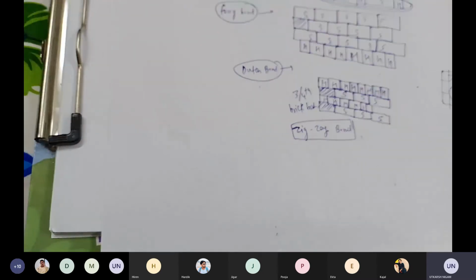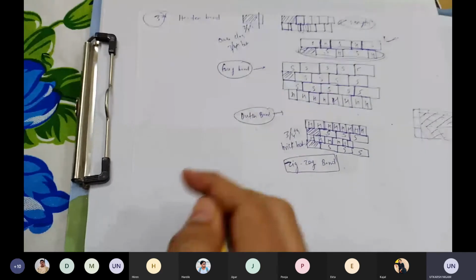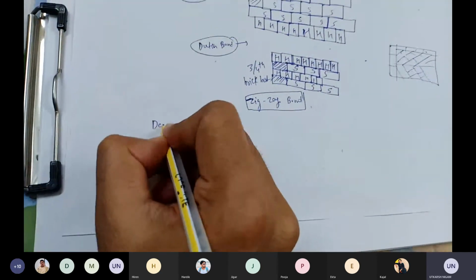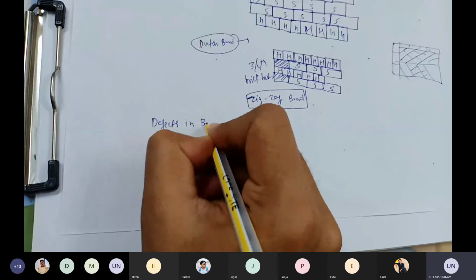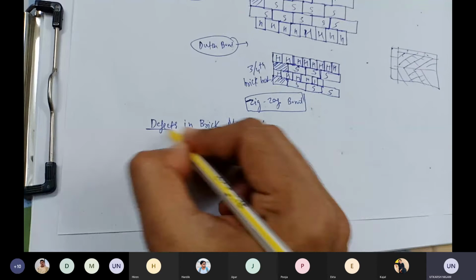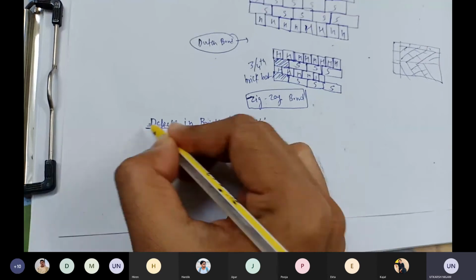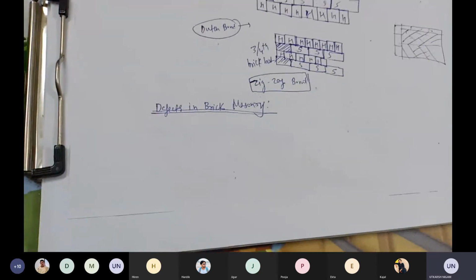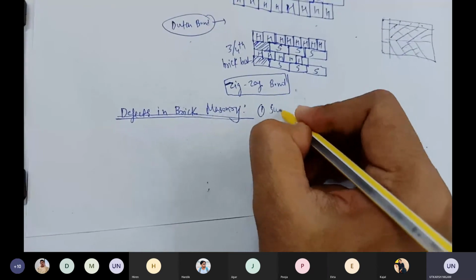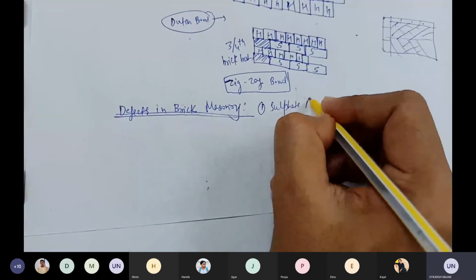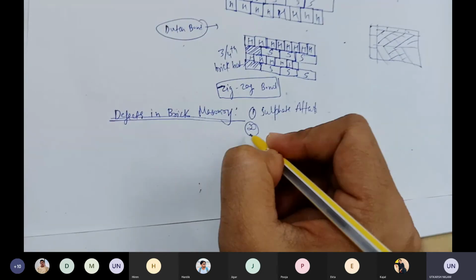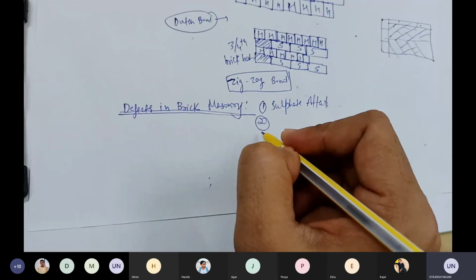Now, what are the defects in the brick masonry? We will now try to understand the defects in brick masonry. The most important is that it is earthen material. So it may be prone to sulfate attack, because it is not a homogeneous mixture.